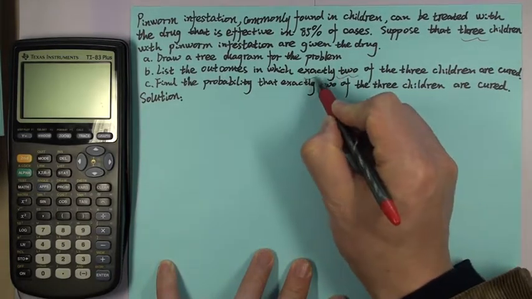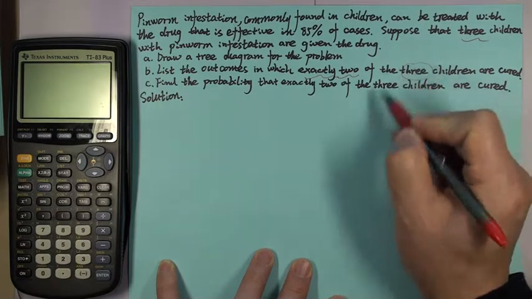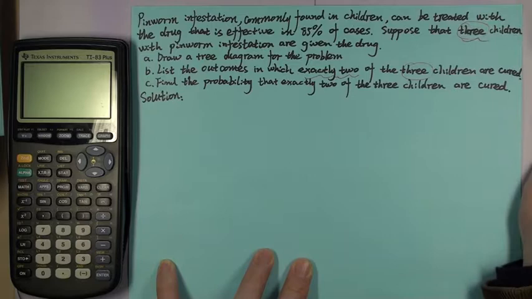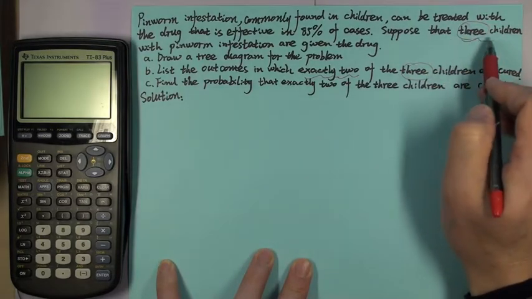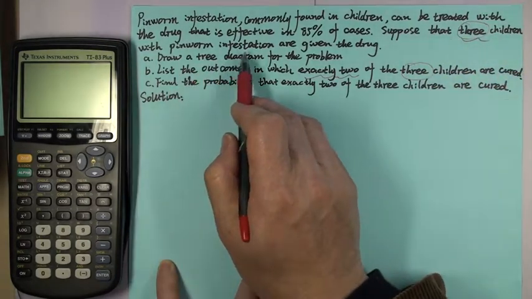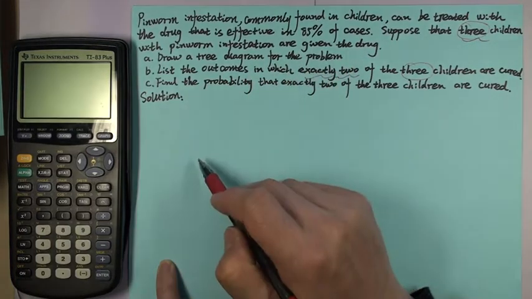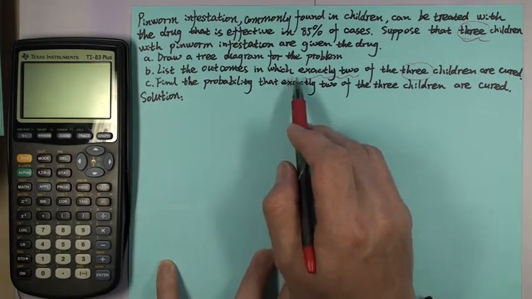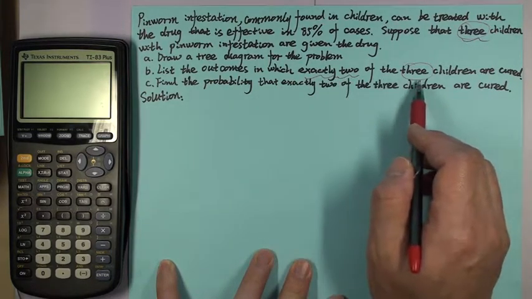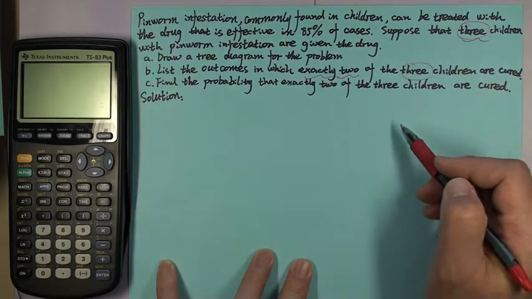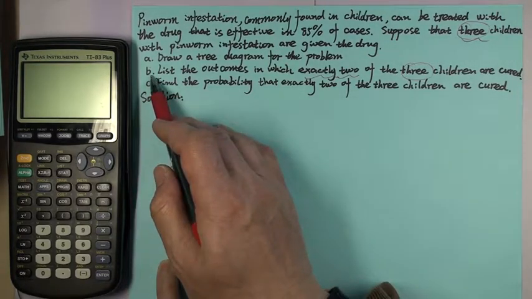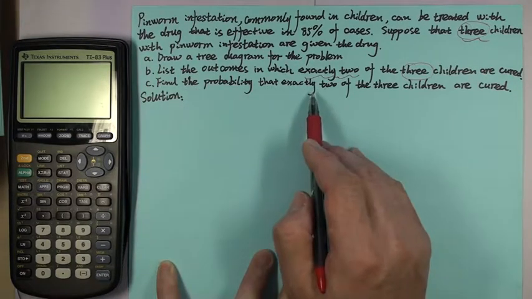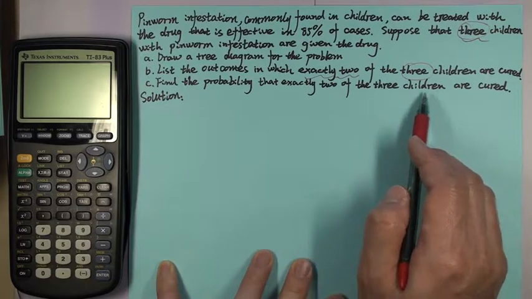Because we are told that 3 children with pinworm infestation are given the drug, we want the outcomes in which exactly 2 of the 3 children are cured. C is related to B. Find the probability that exactly 2 of the 3 children are cured.